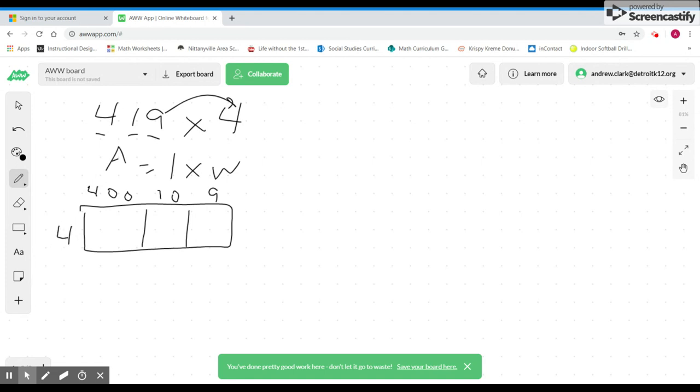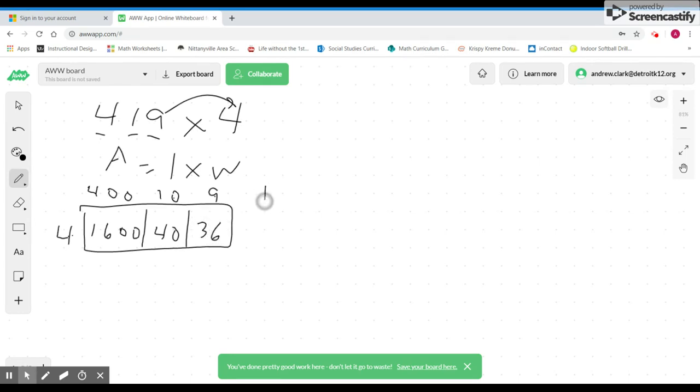So what I can do is just multiply each part and then add them together the same way. So if I take 400 times 4, there is 1,600. That's going to represent the area of that piece. And I take 10 times 4, and that gives me 40. And then 9 times 4, and that gives me 36.